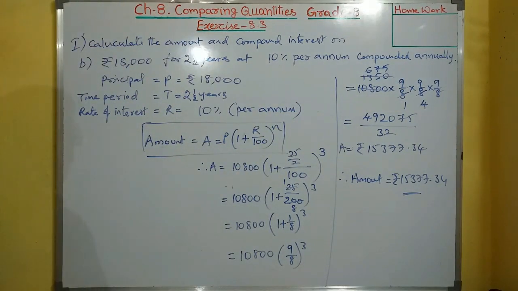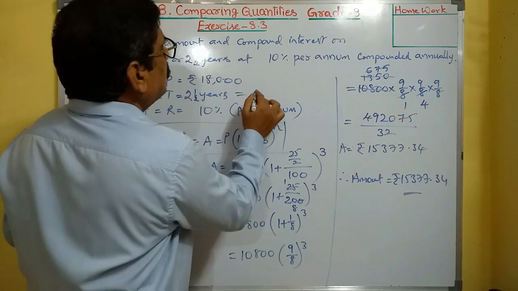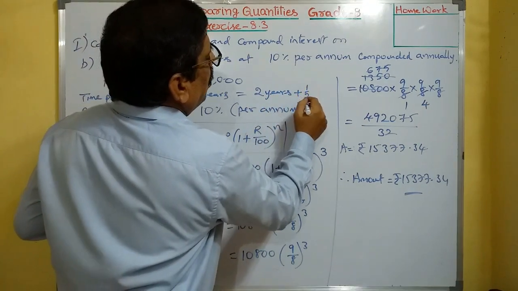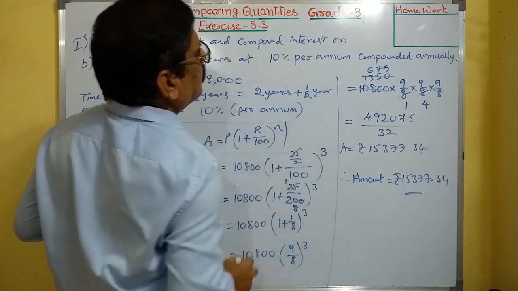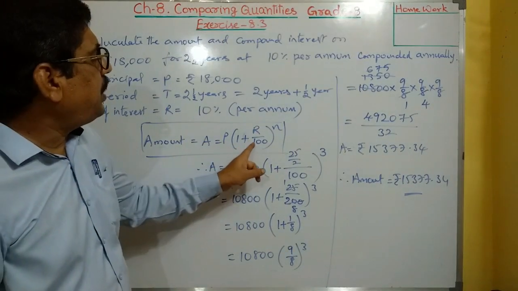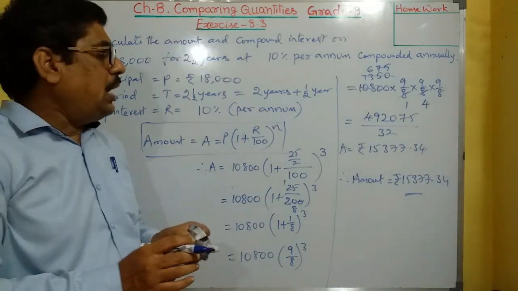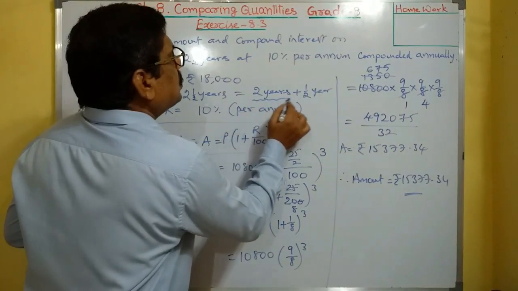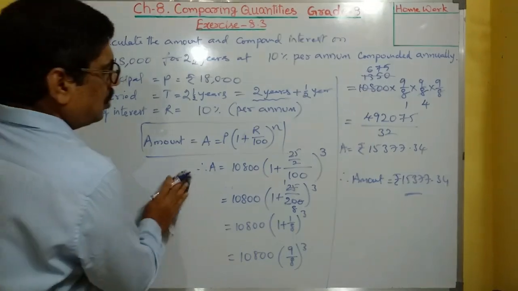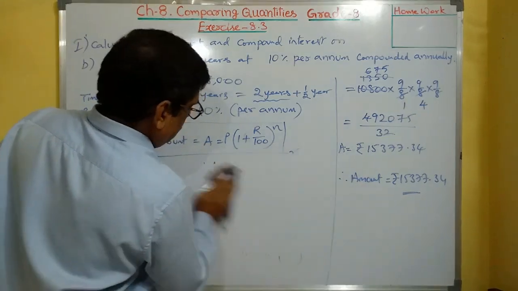Now here we have to observe that 2.5 years means 2 years plus half year. So we can apply this formula A is equal to P into 1 plus R by 100 to the power n.